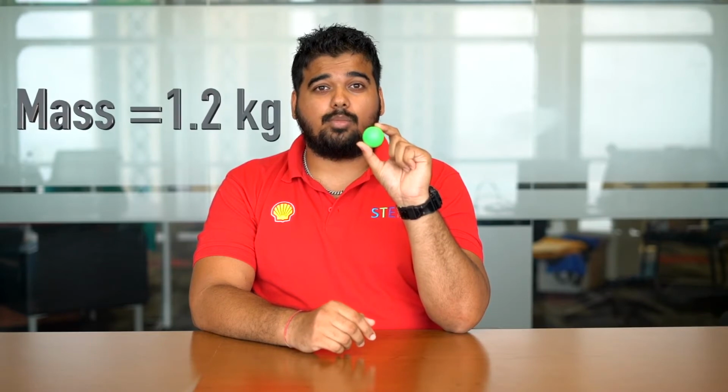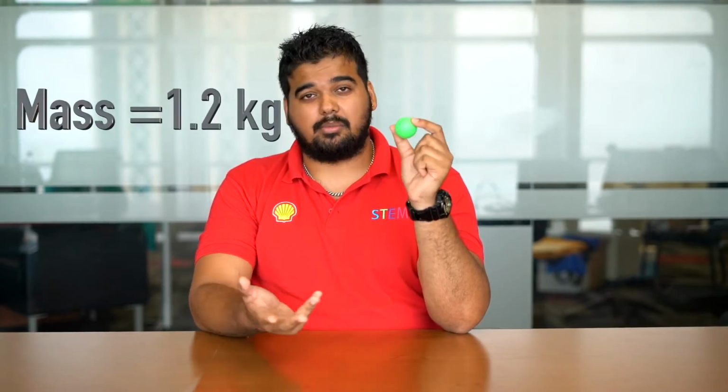Let's do a simple experiment now to see how Newton's second law of motion helps us find the force of an object. So I have this ball here. Now while this ball looks really small, it actually weighs 1.2 kg, which is kilograms, and I'll hold the ball at a certain height. Right?